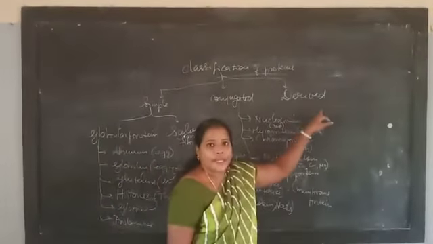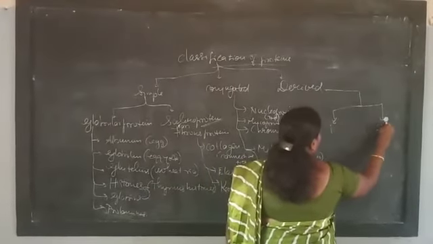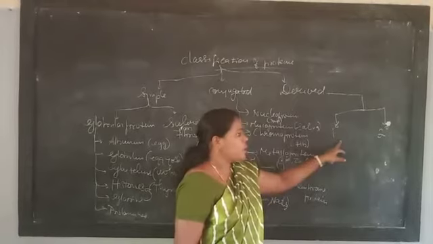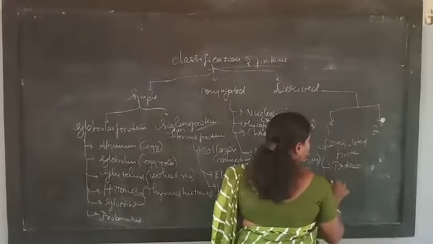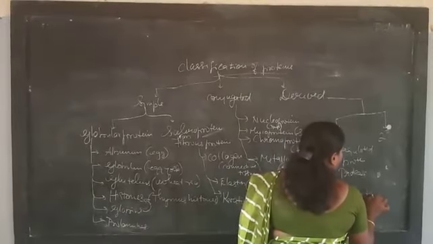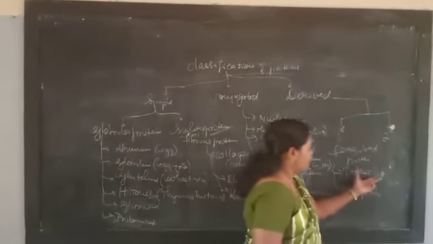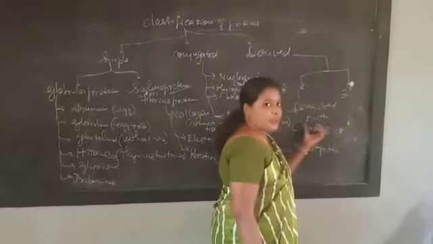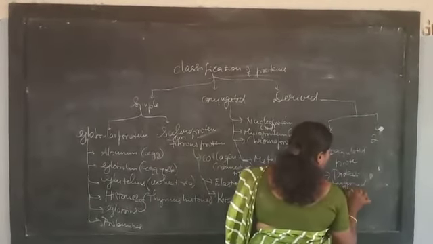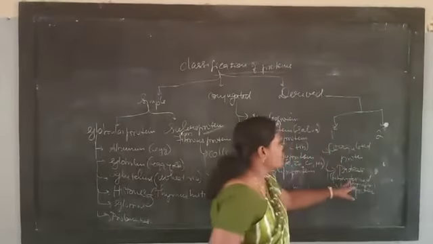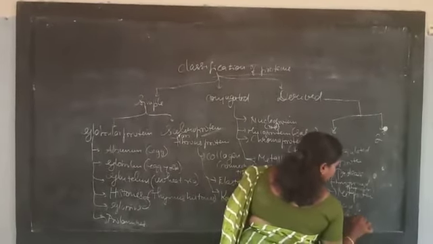Then coming to the derived protein. Derived protein is again divided into primary and secondary derived proteins. The primary derived proteins are coagulated proteins, which are cooked proteins, then proteans, and metaproteins. Fibrin is formed from fibrinogen, and metaprotein includes acid and alkali metaprotein.